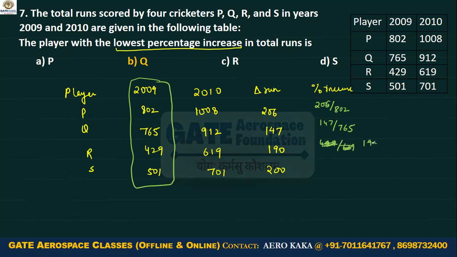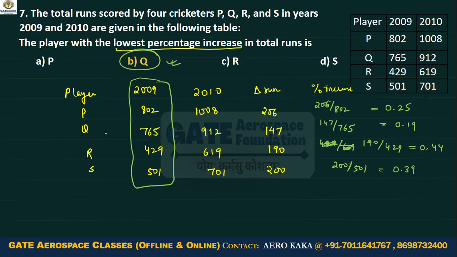This will be 190 by 429 and 200 by 501. Now, if you find out the ratios, they turn out to be 0.25, 0.19, and so on, and the lowest among them is Q. So Q is going to be the correct answer.